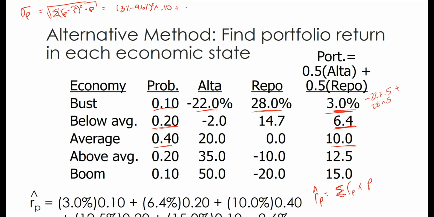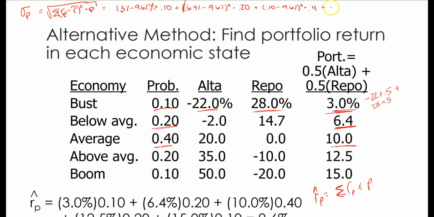Add to it the below average, which was a 6.4% return minus our expected 9.6%, squared, times a 20% chance of occurrence. Add to that our average state of the economy. We expect 10% if it's average. Subtract from that our expected return of 9.6%, squared, and multiply it by the 40% chance of occurrence.